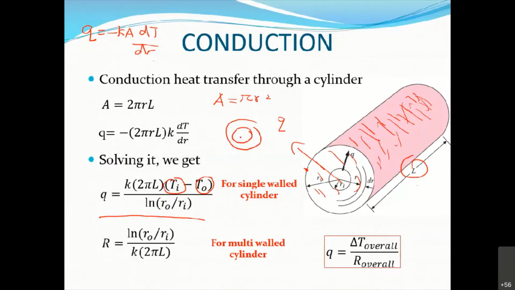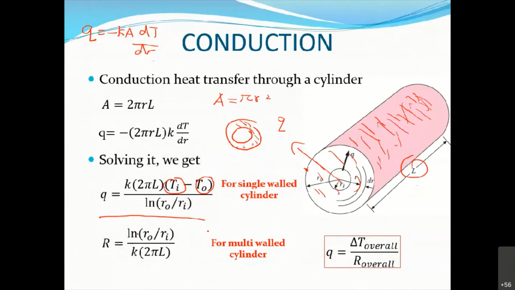So we know we'll have inner diameter, inner radius, outer diameter, and outer radius. That's how we define our Ro and Ri values. This is for a single wall cylinder. Single wall means you have only two circles, so one layer only.